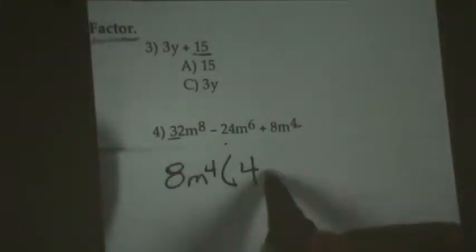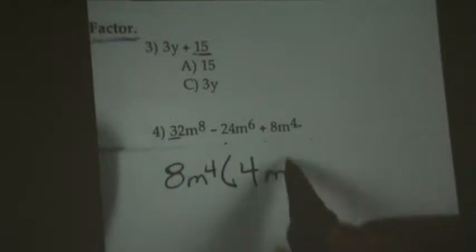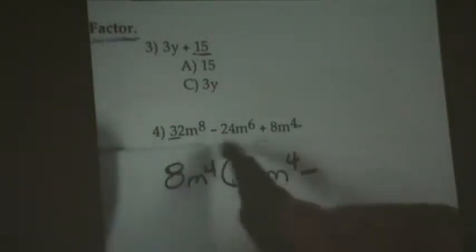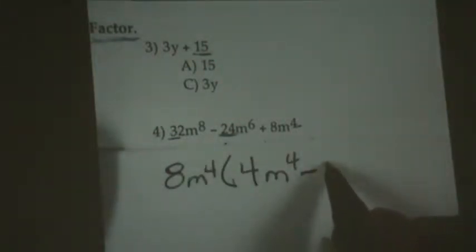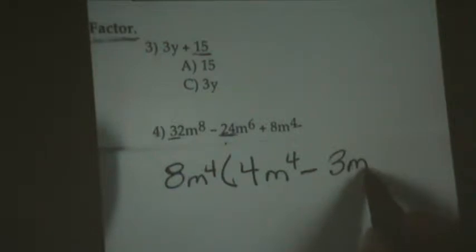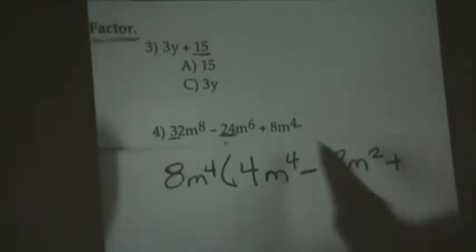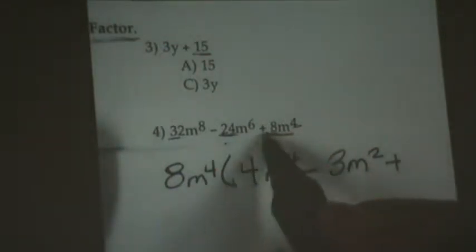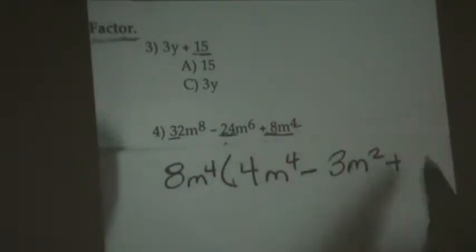How many more m's do you need? 4. Put the minus for the minus here. 8 times what is 24? 3. How many more m's do you need? 2. Plus 8 times what is 8? 1. How many more m's do you need? None, so you don't need to put anything there.